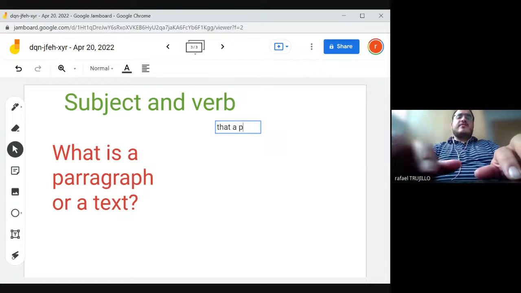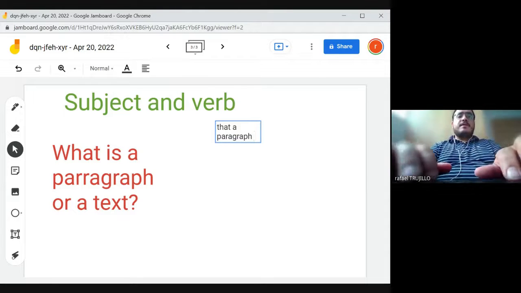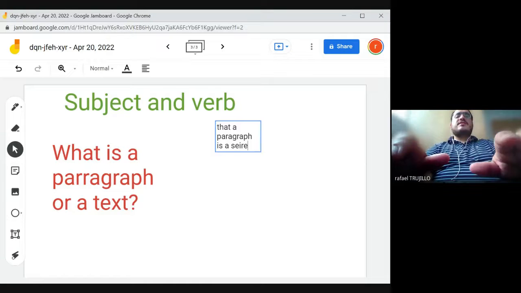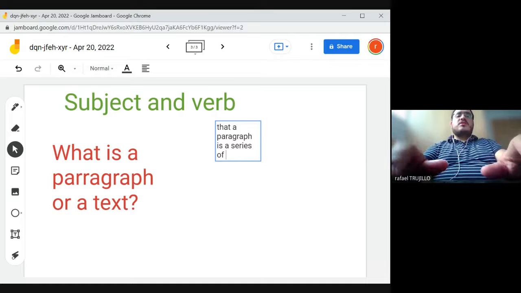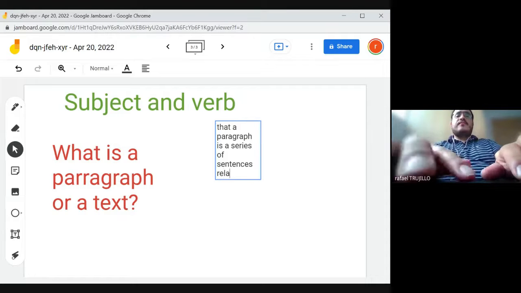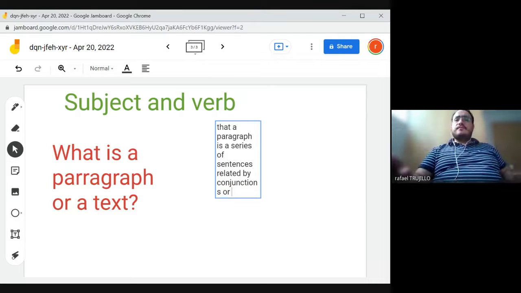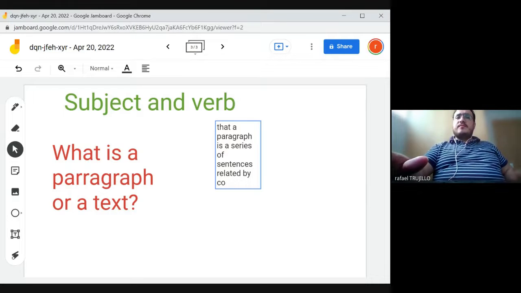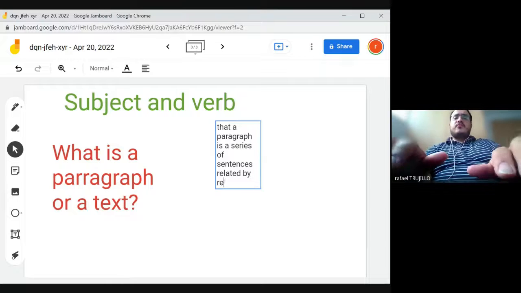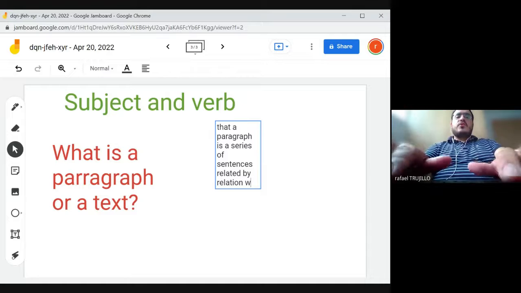a paragraph is a series of sentences related by conjunctions, or instead of conjunctions, by relation words.